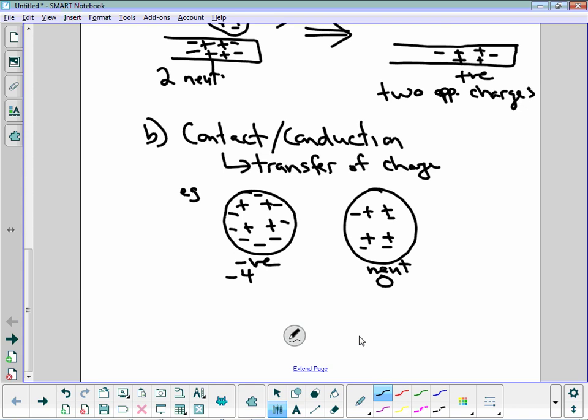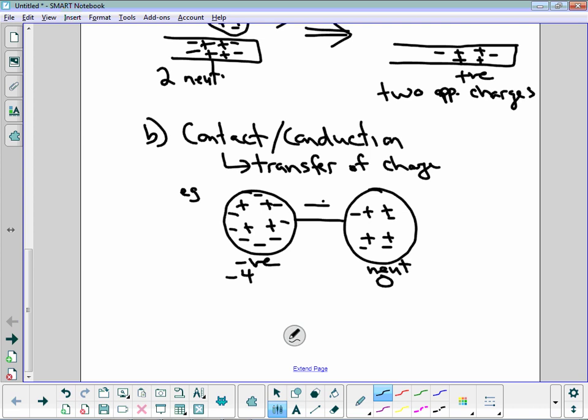Jess, you don't like neut for neutral? Okay. And now I'm going to bring them and I'm going to have them touch. I'm simply going to draw a line as if we put a wire between them, like grounding, except I've connected them with a wire, something that is conductive, that electrons will go through. Well, I think we know these electrons will repel over to this so that they become nice and balanced.